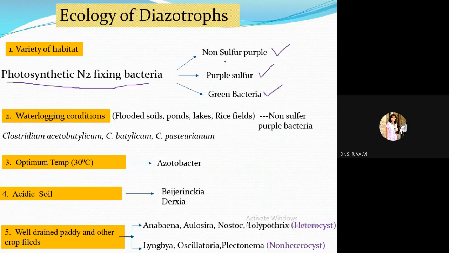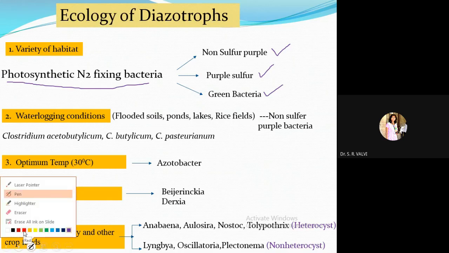All these three types of bacteria grow in any degree of nutrient, pH and oxygen, and hence we have placed them under variety of habitat. Come towards the next point.